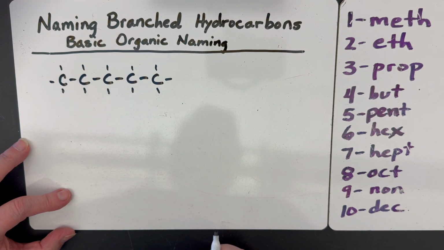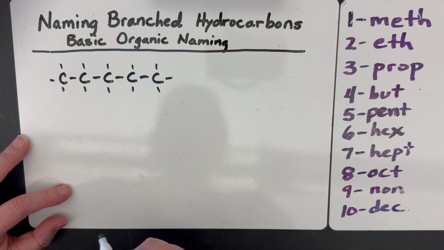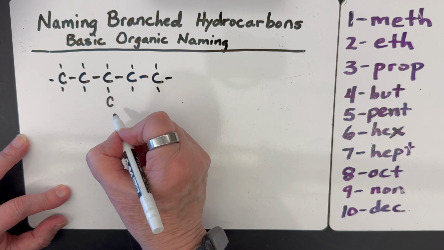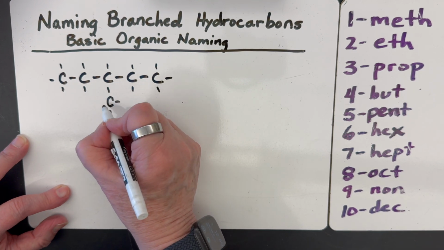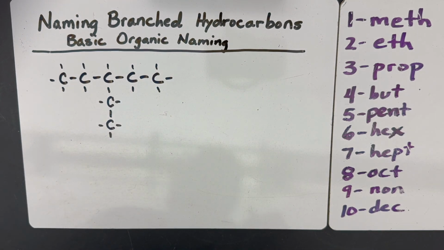But let's see what happens if we actually have some side groups coming off. So for example, we could have a 2-carbon side group hanging off of our middle carbon. The way that you name this is you find the longest chain. That means without backing up.